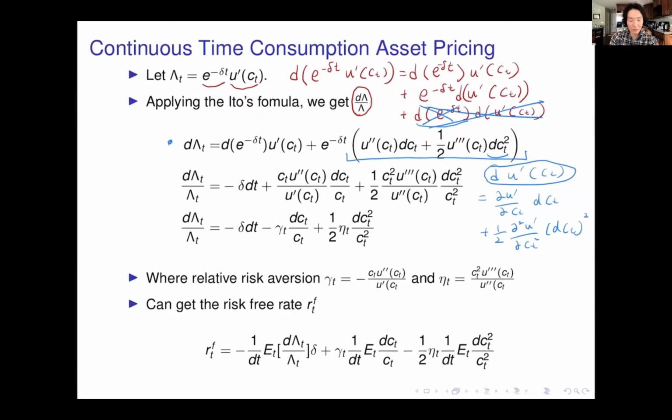Now use the definition of the relative risk aversion, lambda t, and also eta t. You can rewrite the pricing equation in this fashion. And also you can obtain the expression for the risk-free rate like the following.